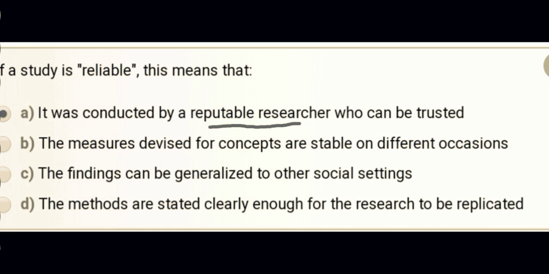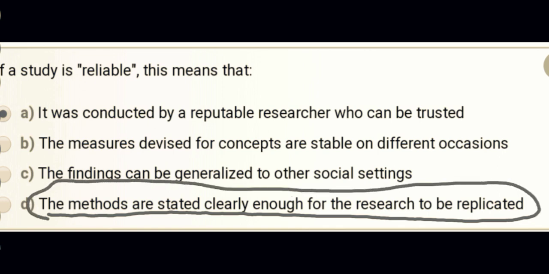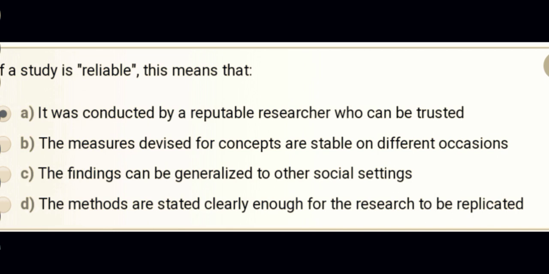So the correct option to this question was the last option, that is the methods are stated clearly enough for the research to be replicated. Okay, coming to the next question.